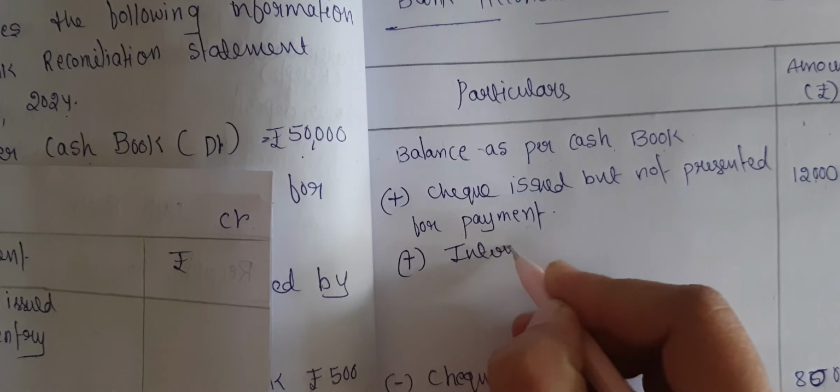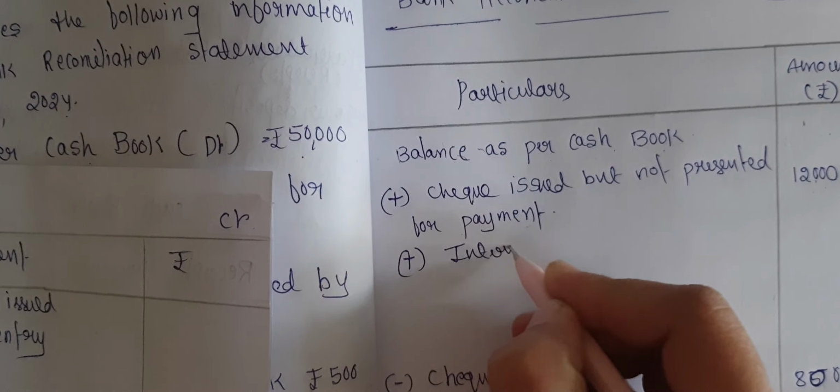Third step is the effect on passbook. Here there is no entry, which means there is no change in the passbook. So the passbook balance is less than the cash book. The check deposited was recorded in the cash book, so the cash book balance is more but the passbook balance is less.